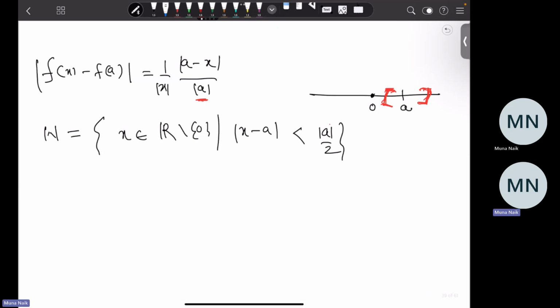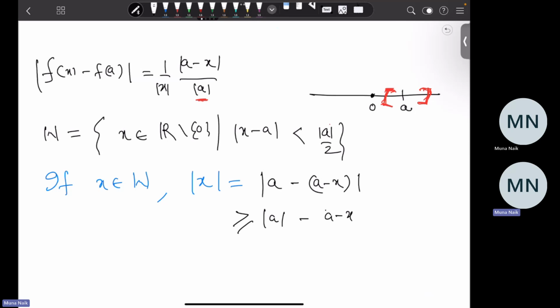Okay, so if x belongs to W, then from the triangle inequality, we get mod x is really a minus (a minus x), which is greater than or equal to mod a minus mod (x minus a).